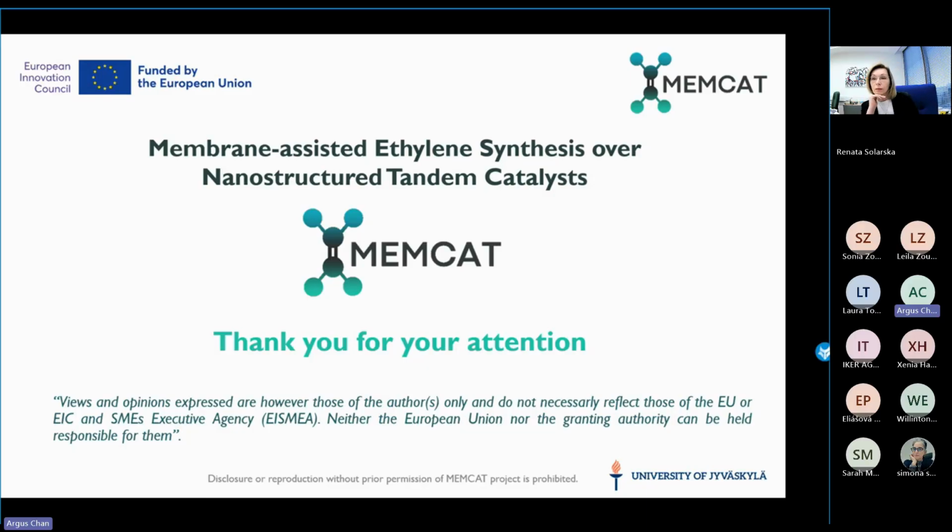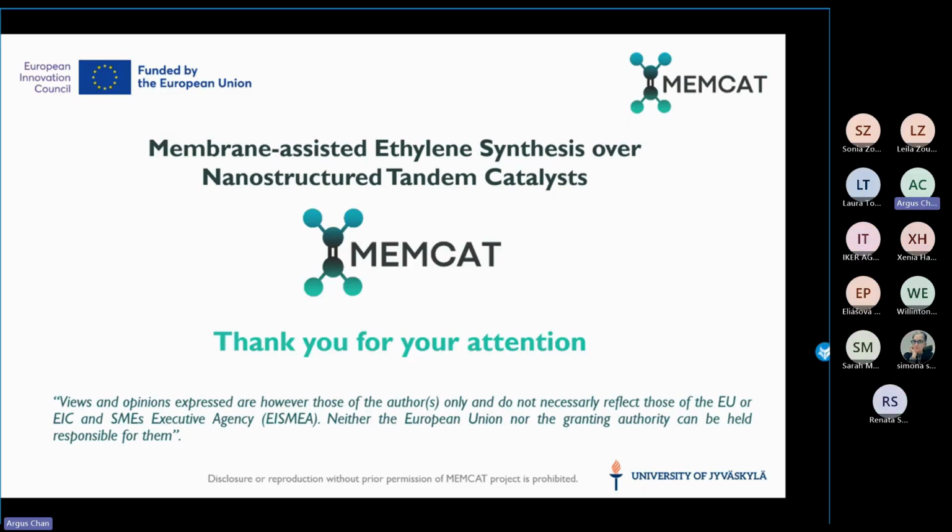That's what we are minimizing. But because we don't know how reliable this approach is in the end, we pull out these machine-learned structures and put them into DFT and then check how stable they are, compared to the idealized slab and considering the reaction conditions, as a post-DFT approach.